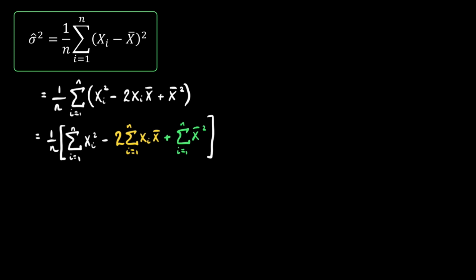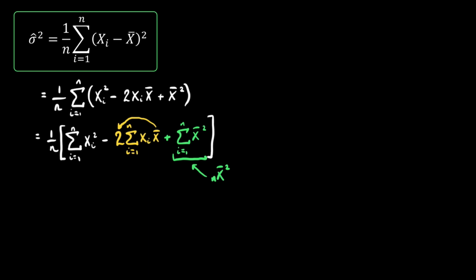Now there's a few things that we can do straight away. X bar is effectively a constant within this summation, so we can take it outside the summation. We also know that x bar squared will be effectively a constant, so we can turn this term into n lots of x bar squared.